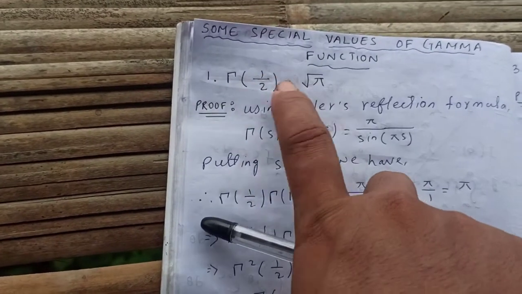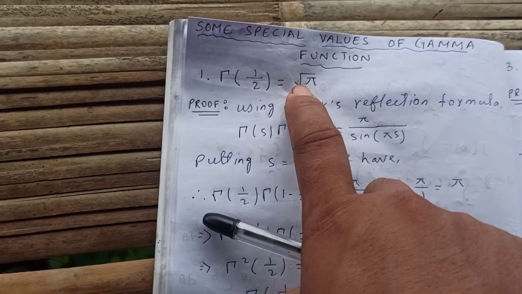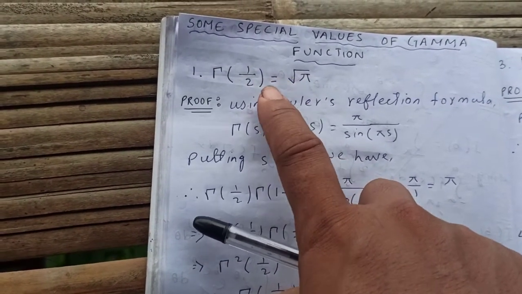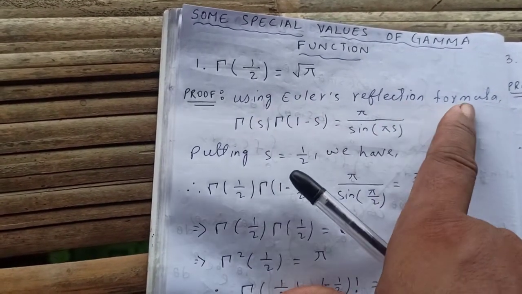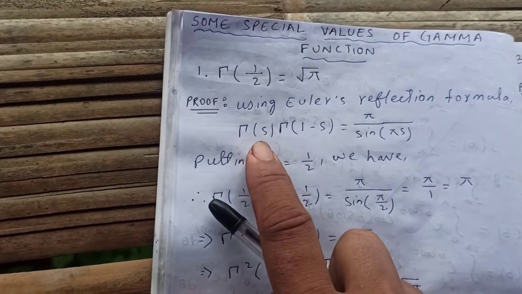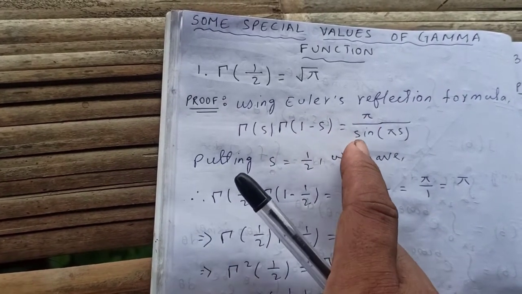How did we get this one? You may ask how to prove it. We are going to see that using the Euler reflection formula that we have already done. The Euler reflection formula says gamma s times gamma 1 minus s is pi over sin pi s.